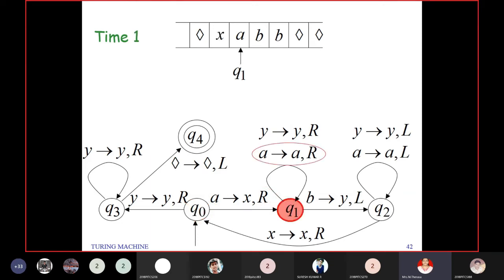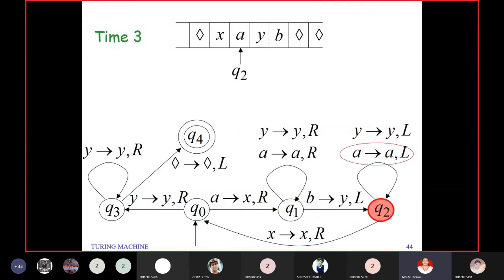A has to be changed to X and the state is changed to Q1 and the input head moves on. At Q1 with A, do nothing, move forward, and stay in Q1. And Q1 with B, what are you supposed to do? Change that B into Y but move left.